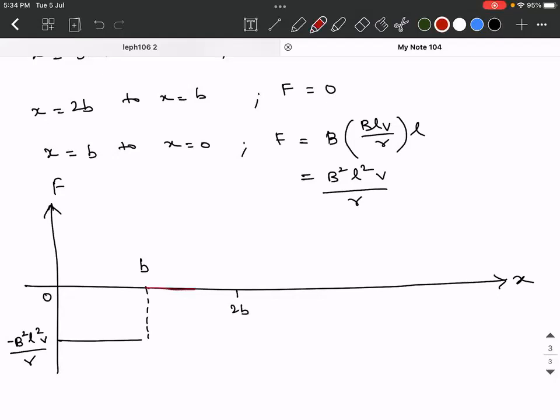Force will be 0. When you do it from 2b to b, it will be 0. From b to 0, it will be b square L square v divided by r. Is that clear?